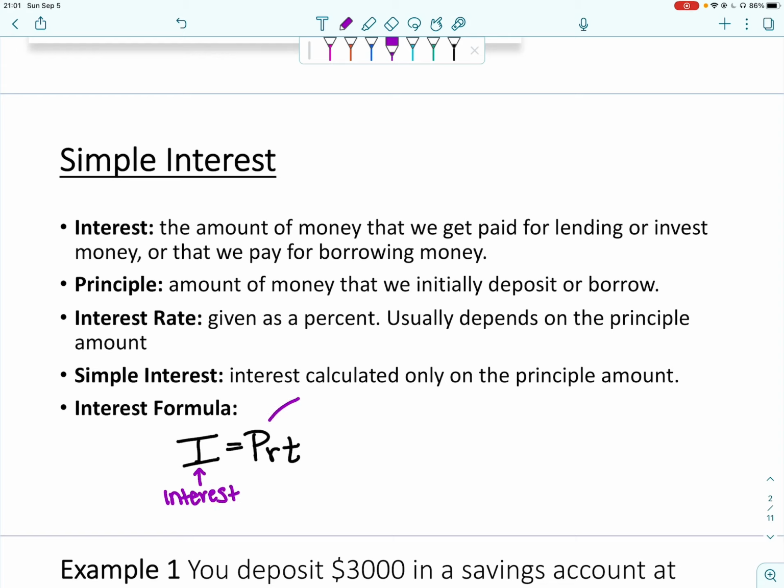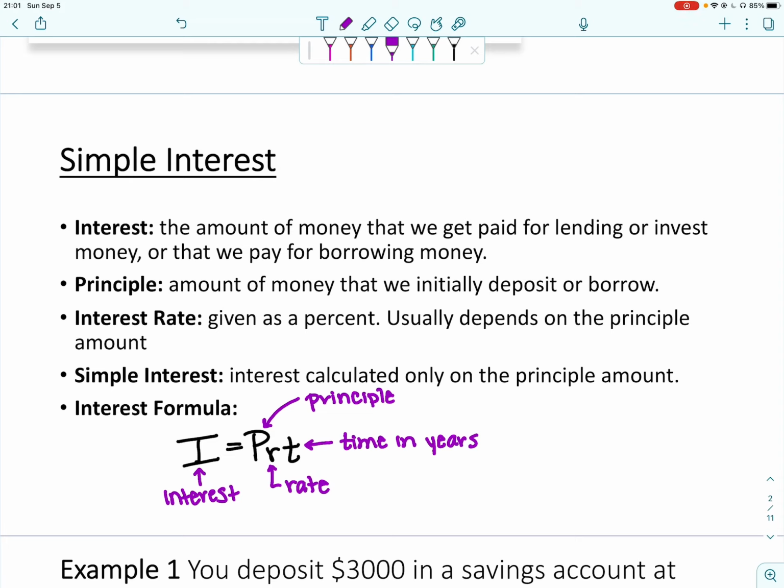is calculated by taking the principal amount, which will always be a capital P, times the interest rate, times the amount of time in years that you have the money in the account or that you have the loan for.